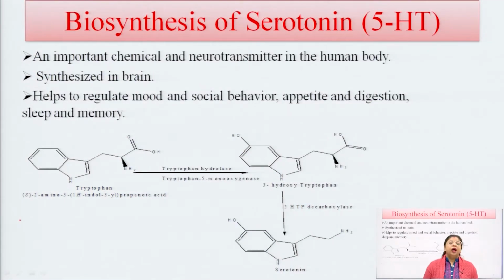So, we have to start with the synthesis of serotonin. What is serotonin and how does it affect us? Serotonin is an important chemical and neurotransmitter present in our human body. It is synthesized in the brain. It is responsible for normal neuron functioning, and it helps to regulate mood and social behavior, how to talk to a person.